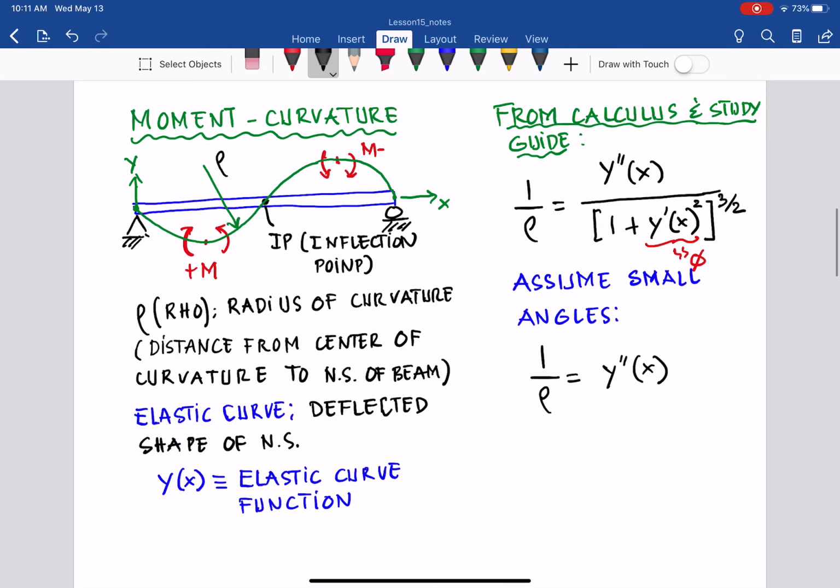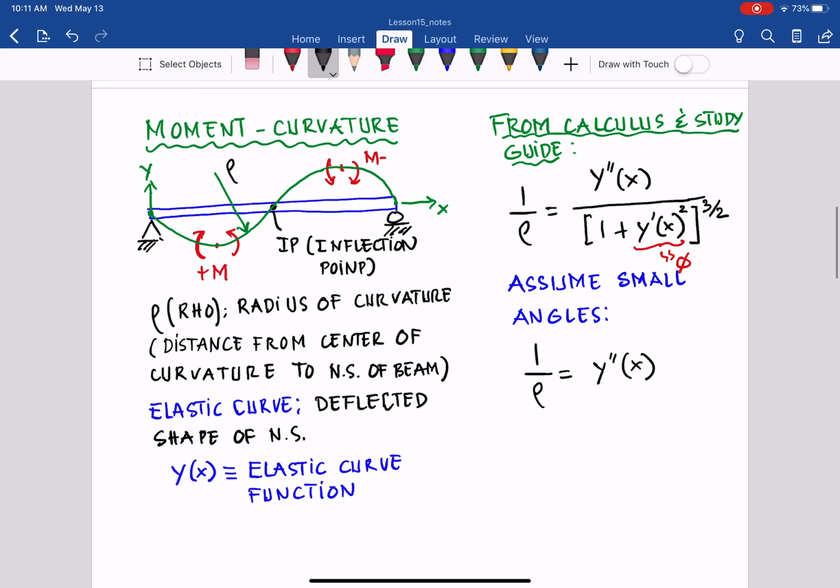So we have that one here. Okay, so now we will go ahead and determine the relationship between the moment and the elastic curve function in the next video.